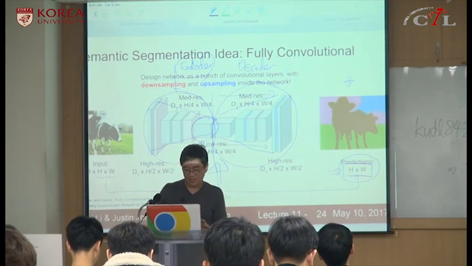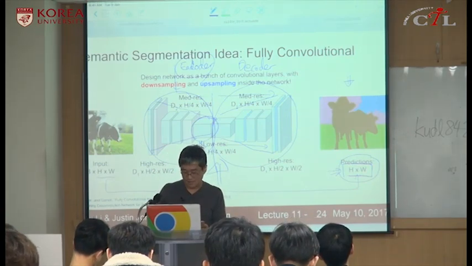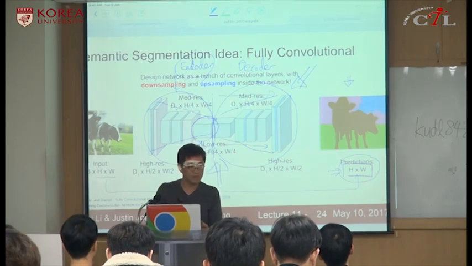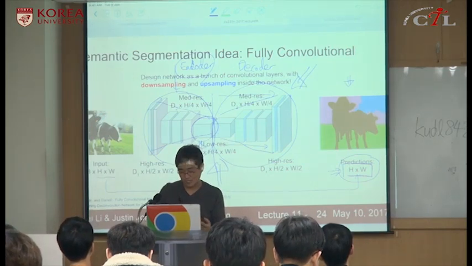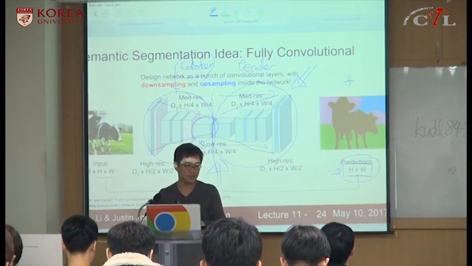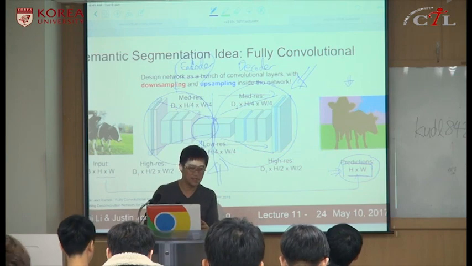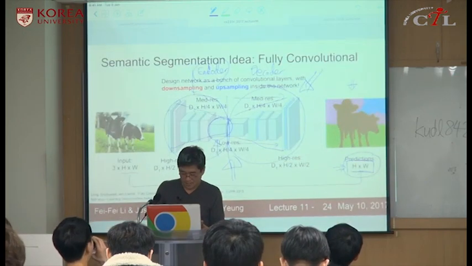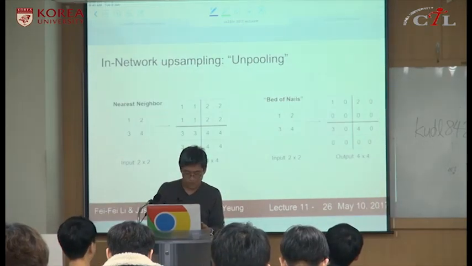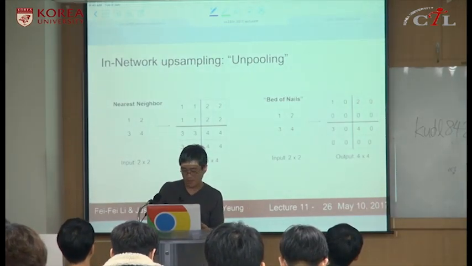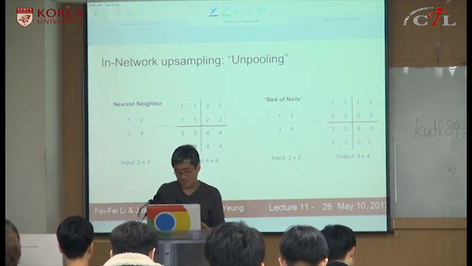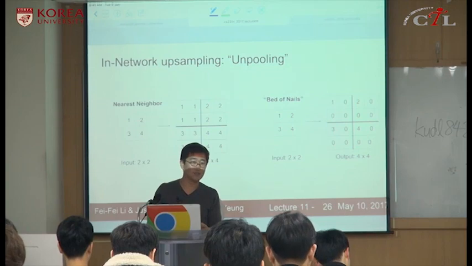Okay, so in this lecture, we want to study how to implement, or how we design, this decoder network, which increases the spatial size. To that end, we sometimes use unpooling, like max unpooling, and also deconvolution and so on, right?